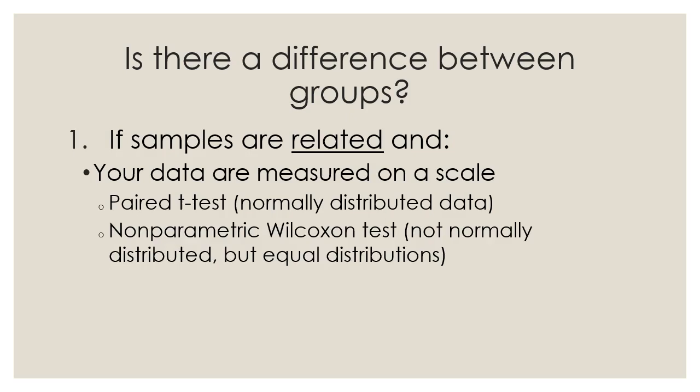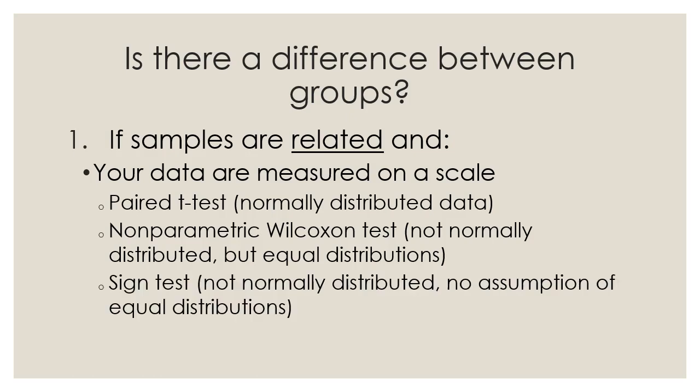If your data are not normally distributed, but they're still continuous data, then the test that we use is a non-parametric Wilcoxon test or a sign test, depending on additional characteristics of your sample. So the Wilcoxon test assumes that the distributions in your control and in your intervention group are equal, whereas the sign test does not have that assumption. So it's a little more flexible.